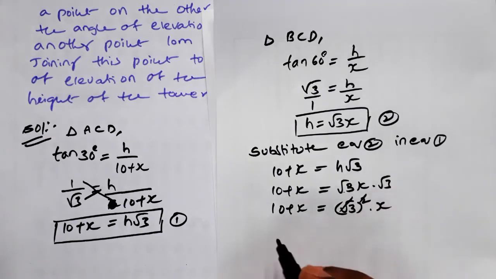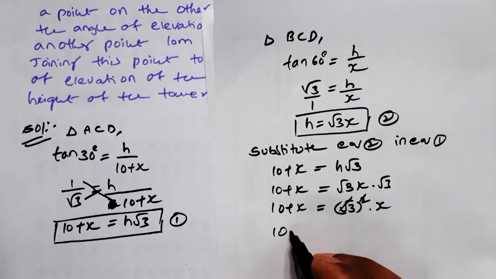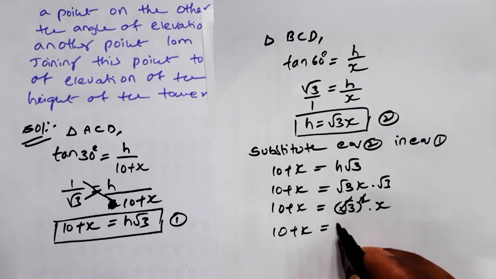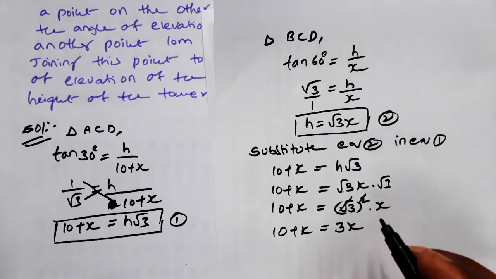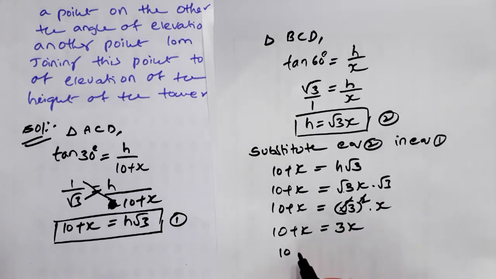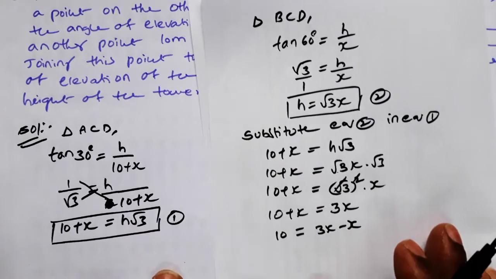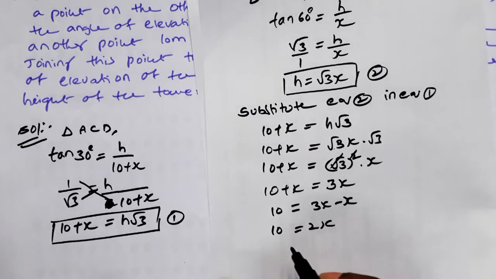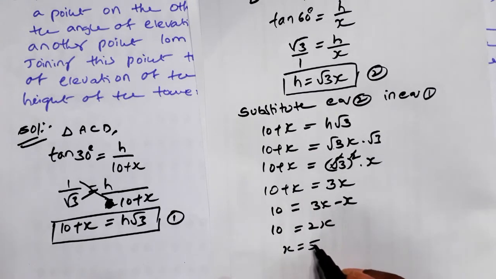Square and root cancel. So 10 plus x equals 3x. Then 10 equals 3x minus x. Then 10 equals 2x. X answer is 5.